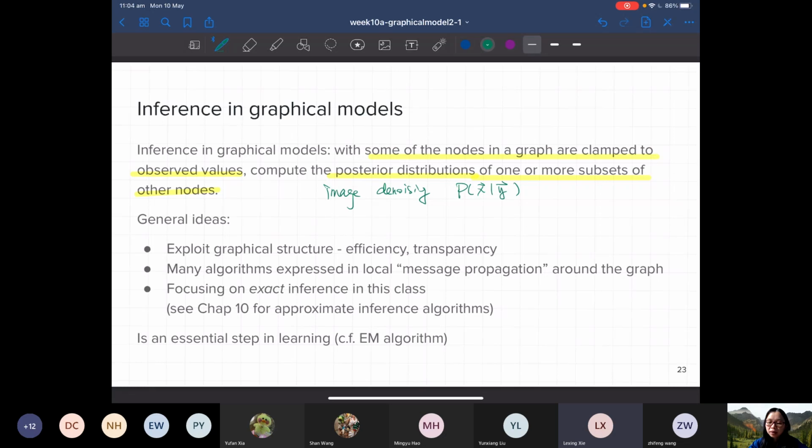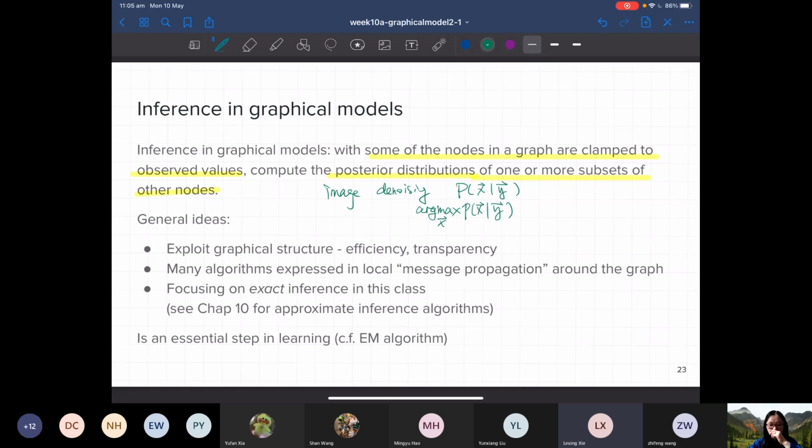But in fact, what we were computing in the iterative algorithm was actually an argmax. Basically, we don't actually compute the exact probability value. We wanted to find the maximum probability configuration of the x's given the y's, right?